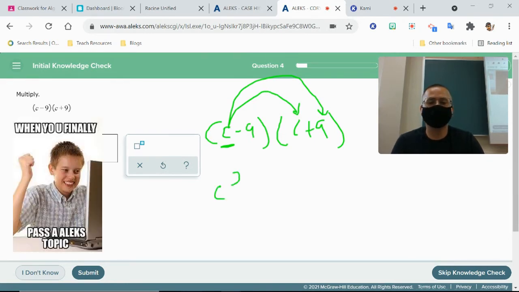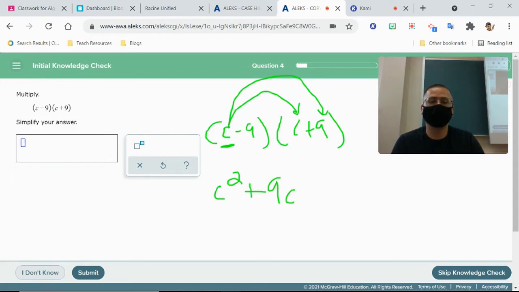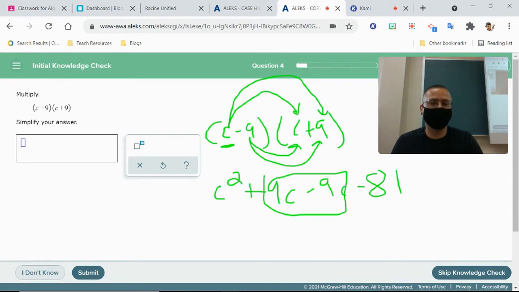So c squared plus 9c. Then over here, we've got negative 9. We're going to do negative 9 times c, which is negative 9c. And negative 9 times positive 9, which is negative 81. And then we just simplify and combine. You'll notice in this middle part, because you had opposites of this 9, those are going to cancel out. That makes it 0. So the answer is going to be c squared minus 81.